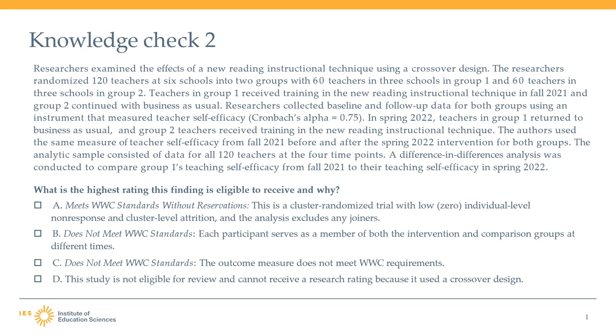Teachers in Group 1 received training in the new reading instructional technique in fall 2021, and Group 2 continued with business as usual. Researchers collected baseline and follow-up data for both groups using an instrument that measured teacher self-efficacy with a Cronbach's alpha value of 0.75.